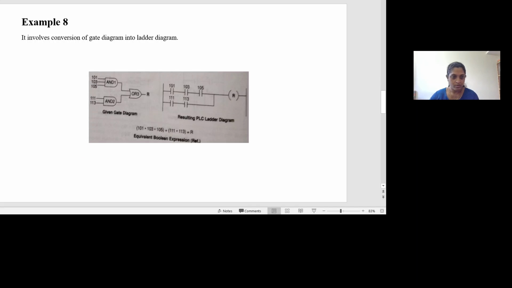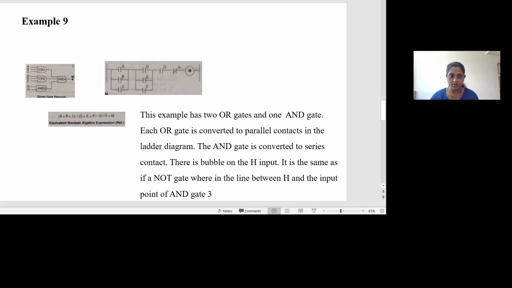Next we'll move on to another example here. Okay, here a gate diagram is given and converted into an equivalent ladder diagram. So you could see here I have an OR gate 1.